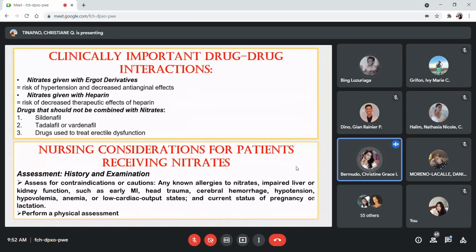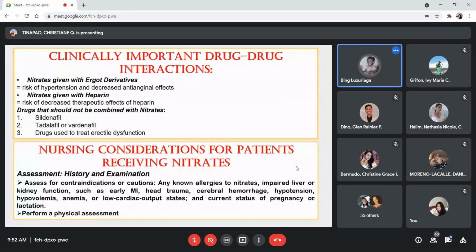Let's discuss the clinically important drug-to-drug interaction. This is very important. Look at the reaction with sildenafil. By the way, it is tadalafil that has an increased duration of action, not sildenafil. Sildenafil is your Viagra; tadalafil is your Cialis.